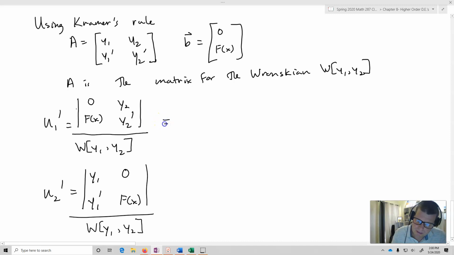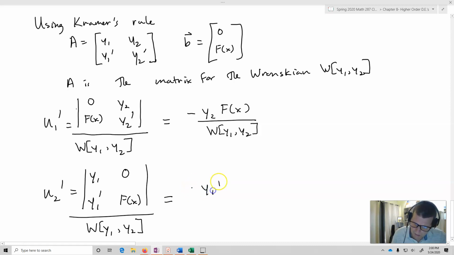So u1 prime is going to end up equaling negative y2 f of x over the Wronskian of y1, y2. And u2 prime is going to equal y1 f of x divided by the Wronskian of y1, y2.